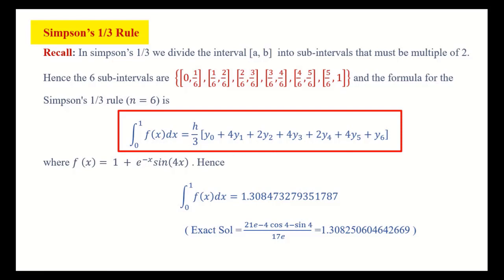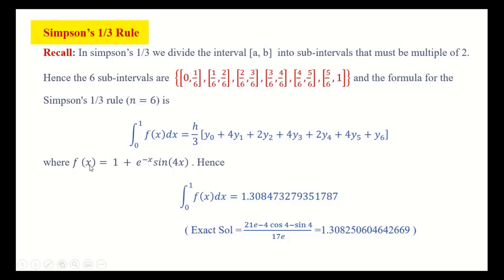So here the function is the same as we have considered for the last schemes, that is 1 plus e raised to power minus x times sine 4x, and we will use the same values of the function as we have calculated for the previous schemes.